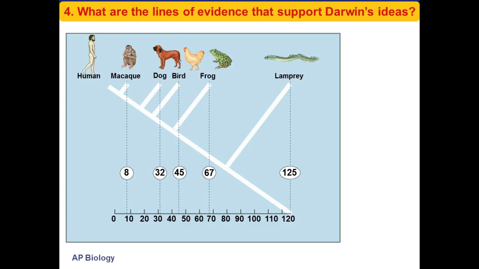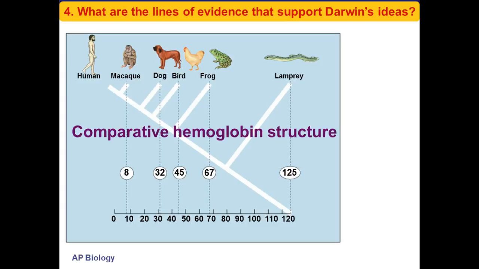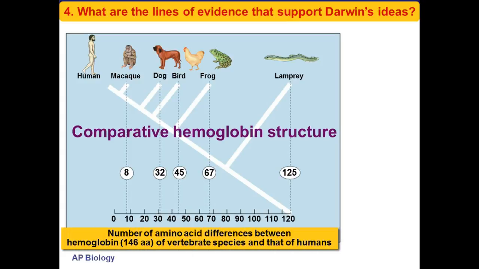The final line of evidence is what we call molecular or biochemical evidence. Here we're looking at various vertebrate species. These are animals that have a backbone, and we're comparing their hemoglobin, the protein in red blood cells that carries oxygen. If you compare a stretch of hemoglobin from each of these species, you can count the number of different amino acids, the number of different building blocks that make up that protein.